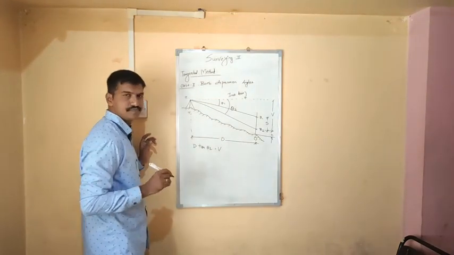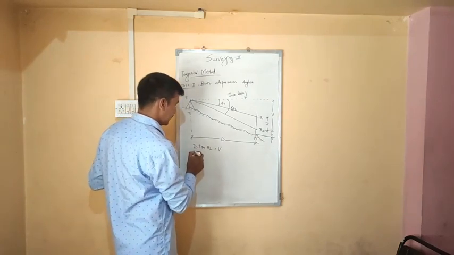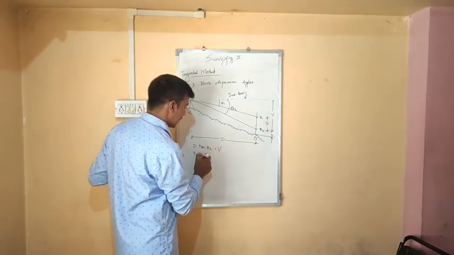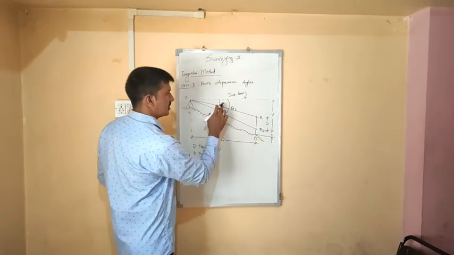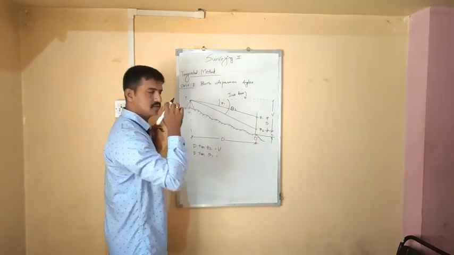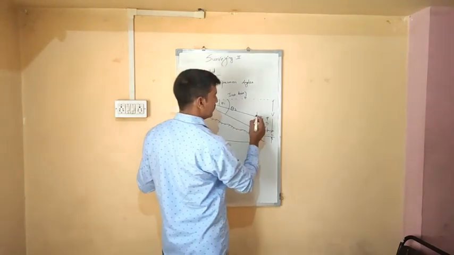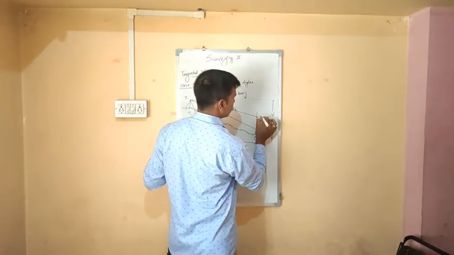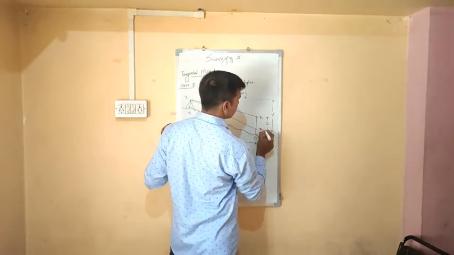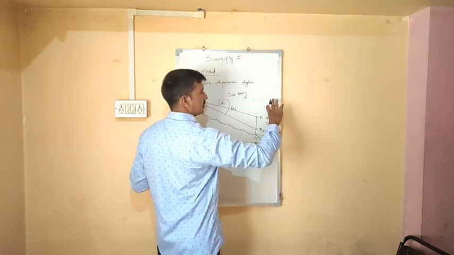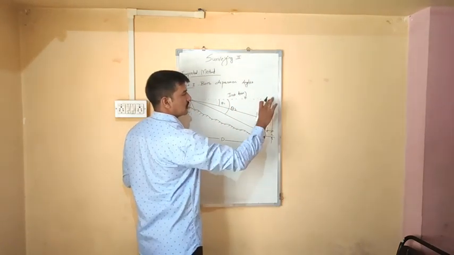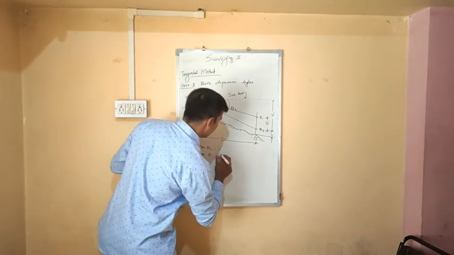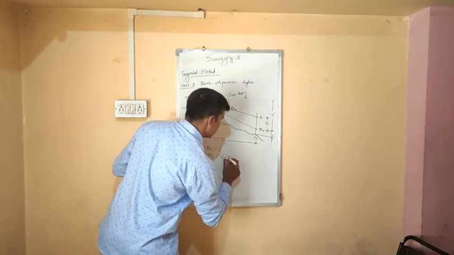Am I correct? So if I calculate D tan theta 1, again it will be up to this S, and this whole thing is V. So it will be V minus S.